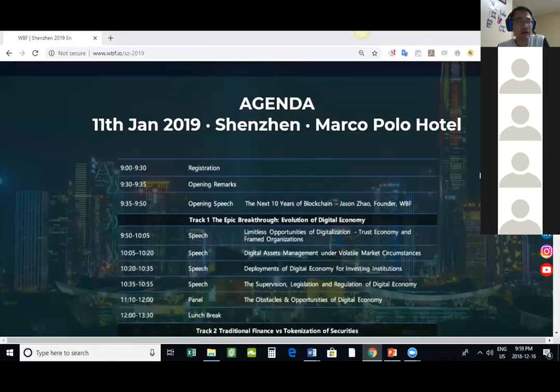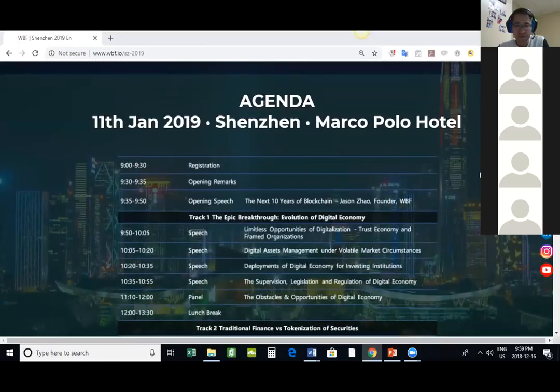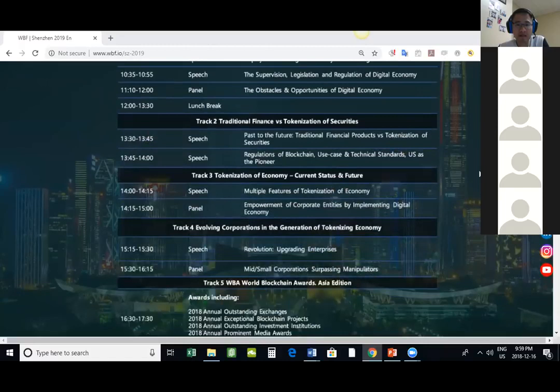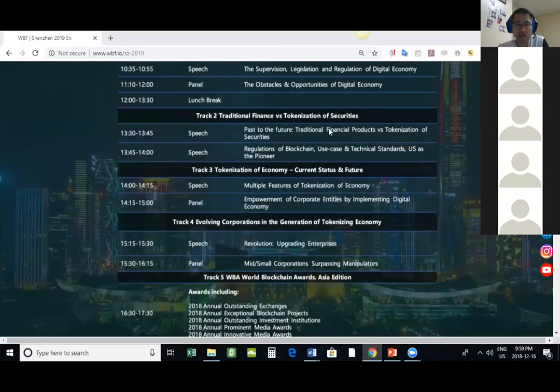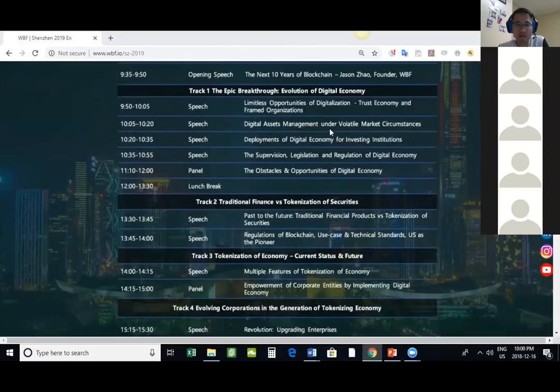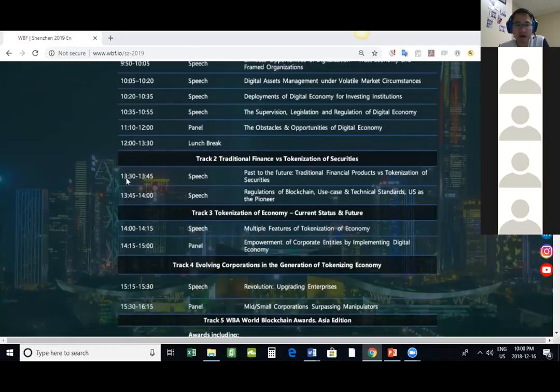And this event, like Alvin says, the main thing about this event is, look at this, the agenda, they don't have all the detail, but on the agenda, they say tokenization of security. Basically, that is what STO is about, right? So the main topic of this event is STO.